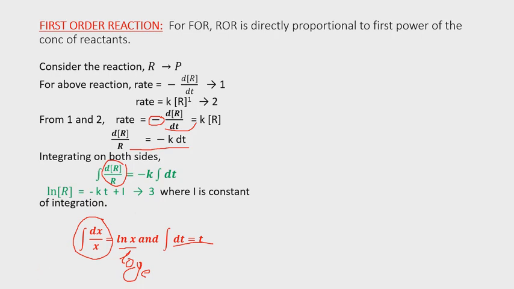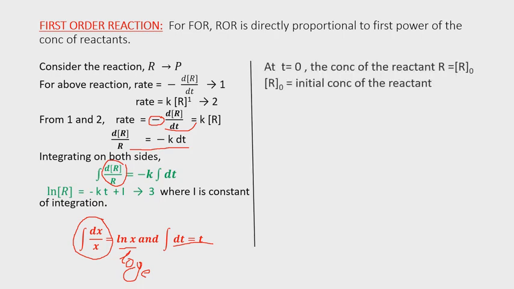Next, look at t equal to 0, the concentration of the reactant R equal to R naught. R naught equal to the initial concentration of the reactant. The same point we already studied in the case of the zero order reaction. At t equal to 0, R equal to R naught.